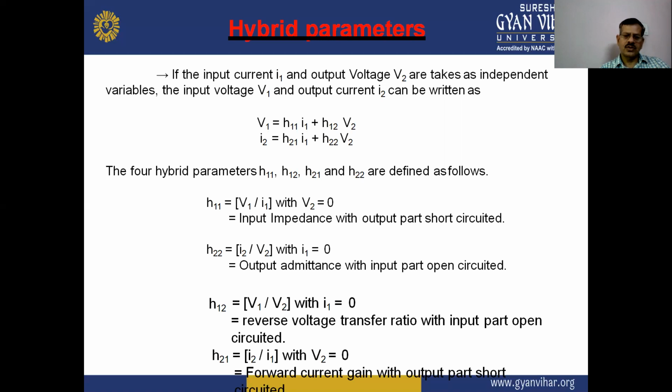And H21 equal to I2 upon I1 with V2 equal to 0, and also H21 equal to forward current gain with output port short circuit. So these are the hybrid parameter equations of H11, H12, H21 and H22.